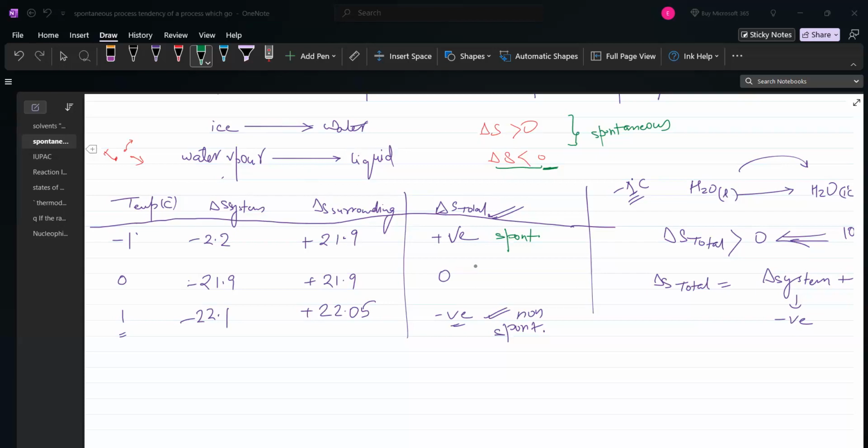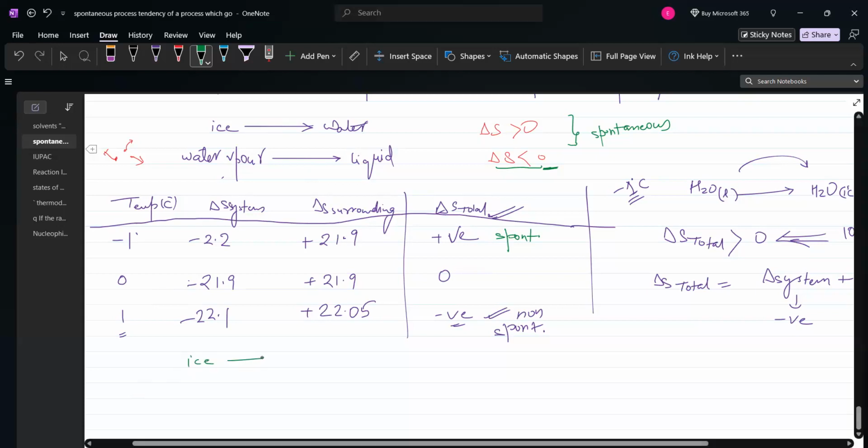I also want to comment that at 0 degrees Celsius, ice and water both phases occur, right? In previous classes, you may know that ice and water are in equilibrium, meaning both are present at 0 degrees Celsius.